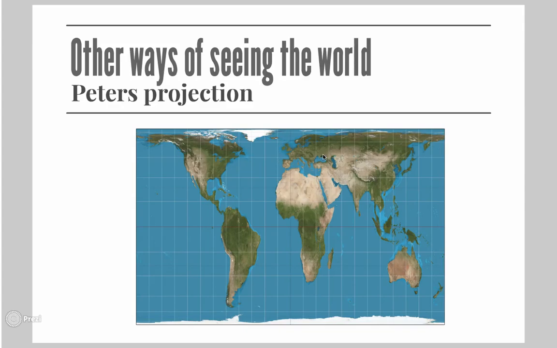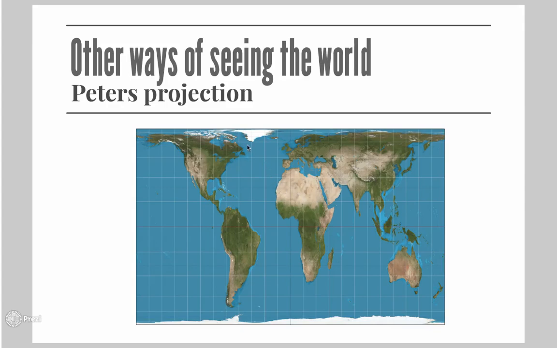So if you see the size of Europe in this projection, it is very small compared to what we are used to seeing on a world map. And Africa and Latin America, for example, are very big land masses. So Peter's projection shows a map that is a lot closer to what geography really is.